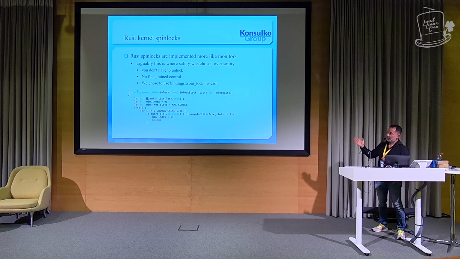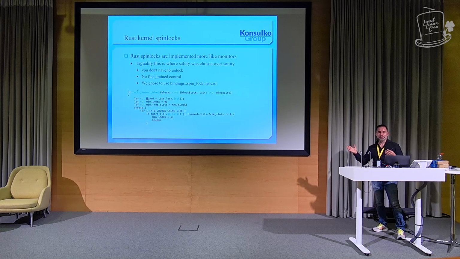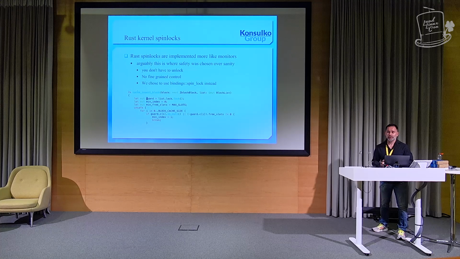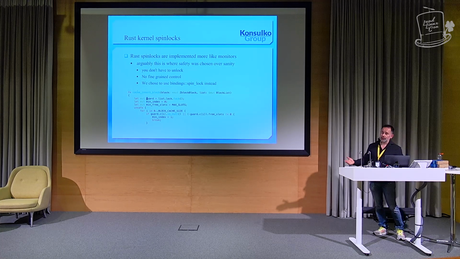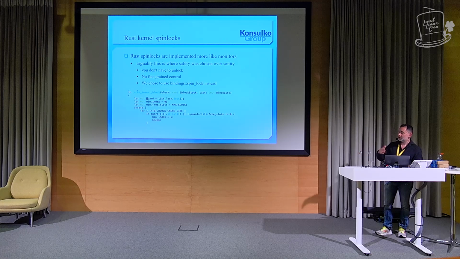And this works differently. So there's no direct mapping to any mechanism in Rust implemented in the kernel. There's no direct mapping of spin locks, and this is something that we wanted because there were structures that we didn't want to use guards for.